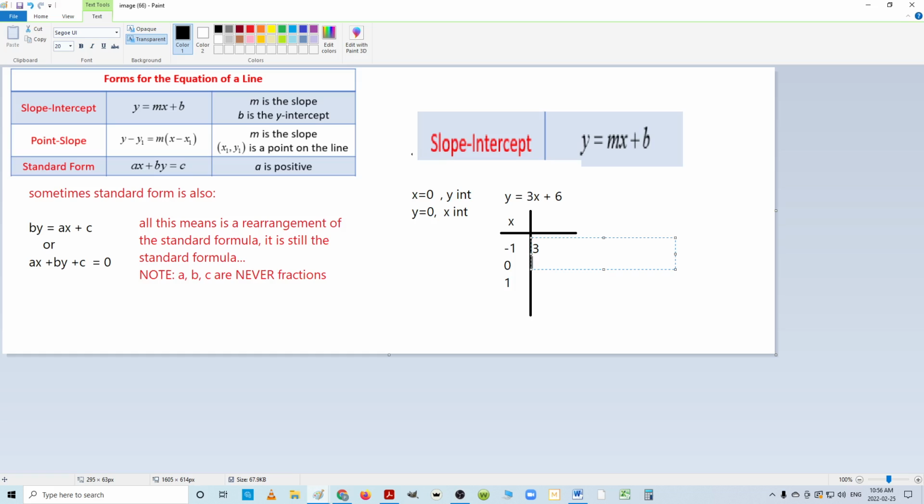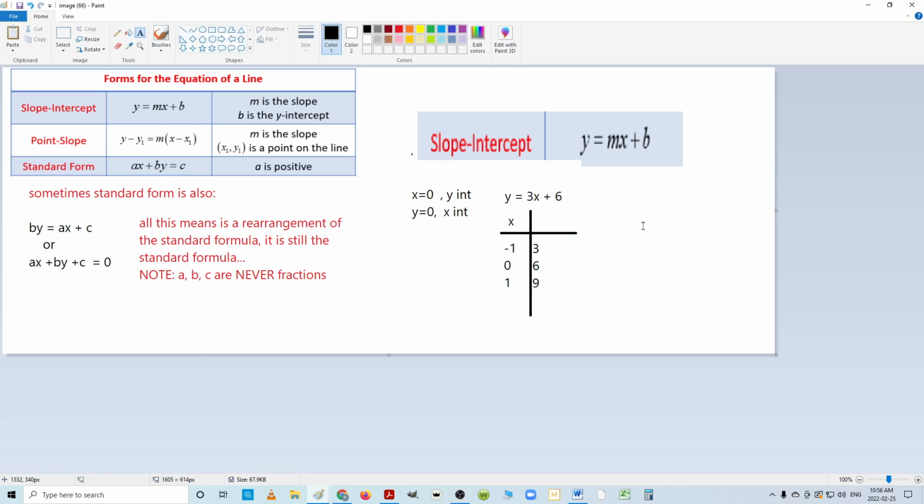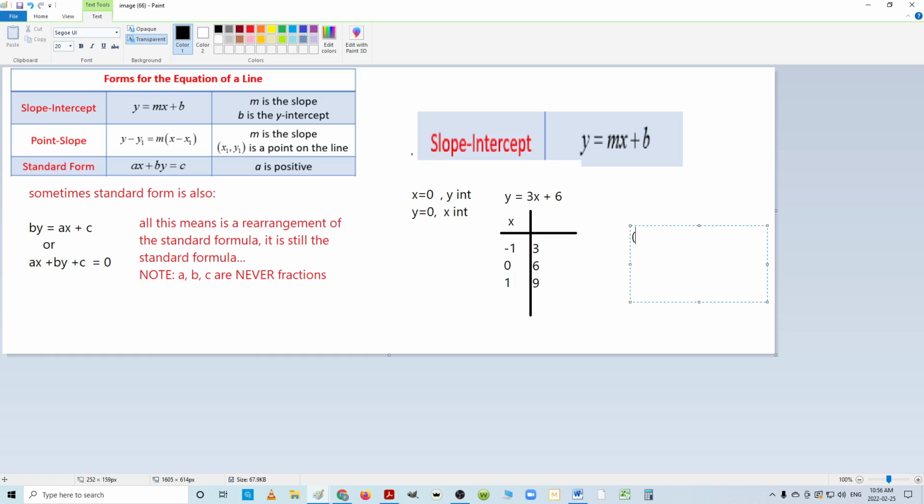And when I put in 0, of course, we already know I get 6. And when I put in 1 up above, I get 3 times 1 plus 6, 9. All of a sudden, I have 3 useful points on my graph that I could label and draw. Also notice that I instantly found out my y-intercept by making x equals 0. So very useful as well, skill to learn.